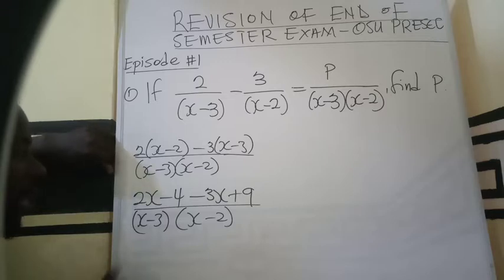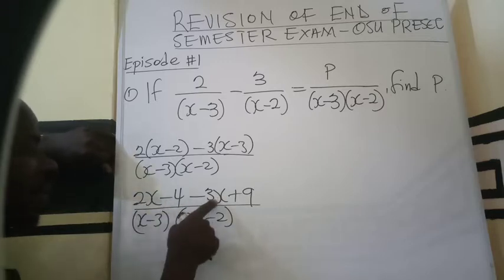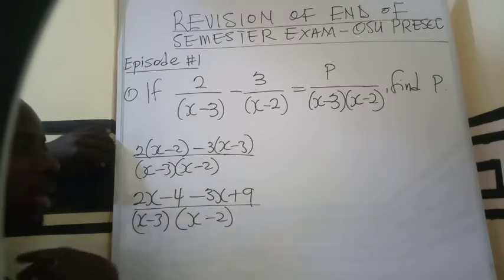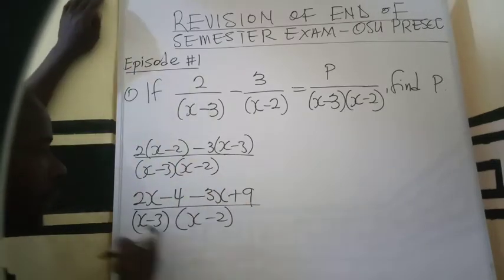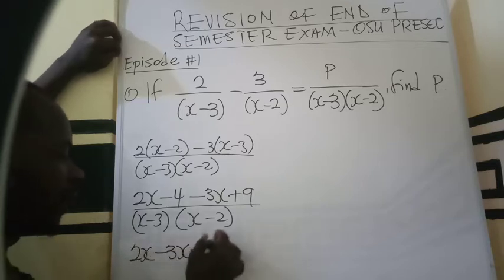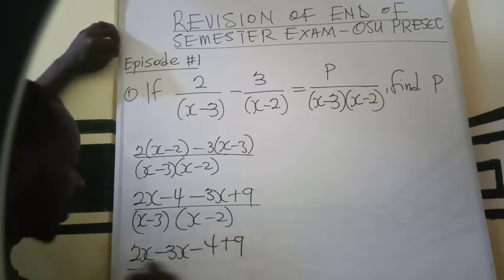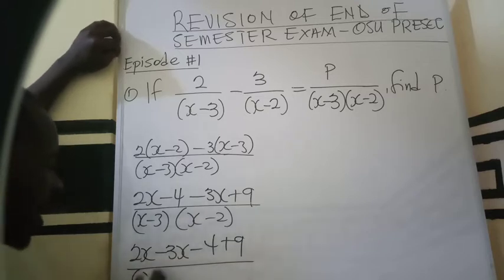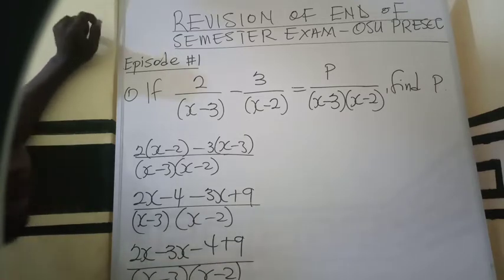So now we can see that the numerators are having some kind of like terms. So we can group them together so that we can simplify them. So in this case, we have 2x minus 3x minus 4 plus 9. So our x minus 3, x minus 2 still remain the same.